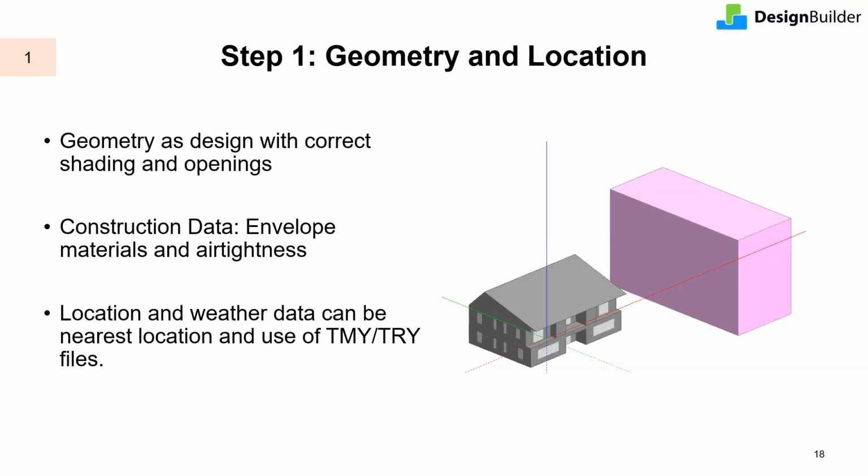Now back to geometry and location. Location is the next aspect of the initial model setup. This governs key factors, including the weather data and parameters for heating and cooling design calculations.